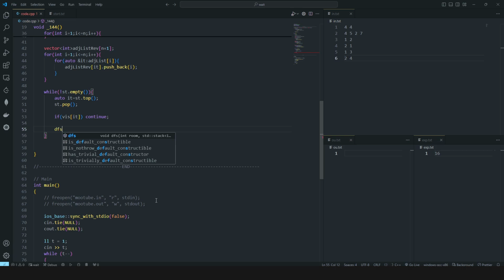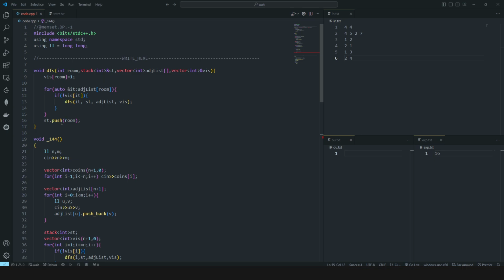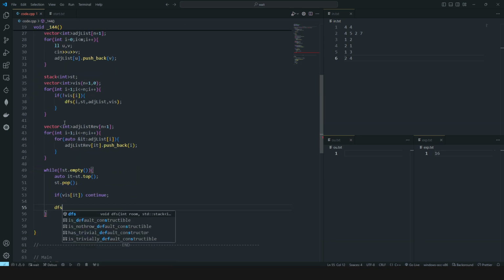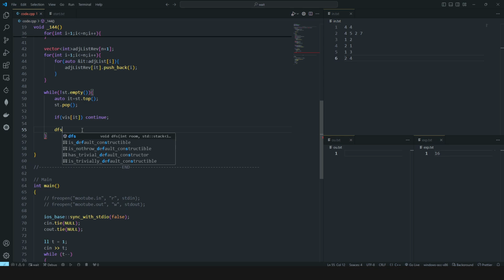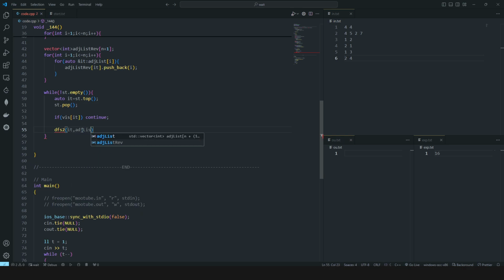call, and it will be of another type, it will not be the same as this DFS call, because in this DFS call I was filling the stack, but now I don't have to fill the stack. So let's name this DFS call as DFS2, right? And what parameters will I be passing? I will be passing this IT, this adjacency list, this adjacency list reverse, and we will see what more parameters we should pass.